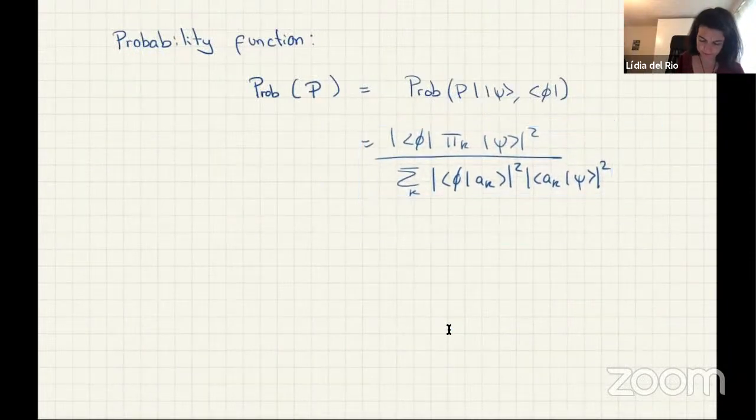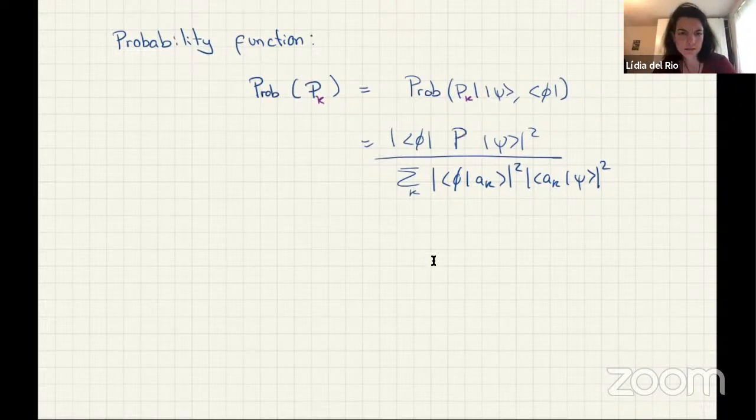Okay. Right. So remember, each P corresponds to an outcome. It's like I could have a K here. Okay. Good. So this here, P. And I'm sorry, I think there's a mistake here.